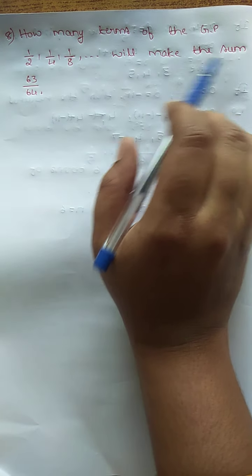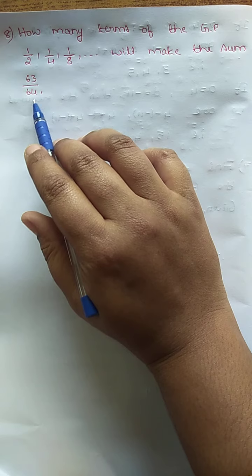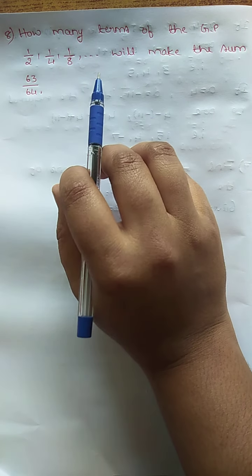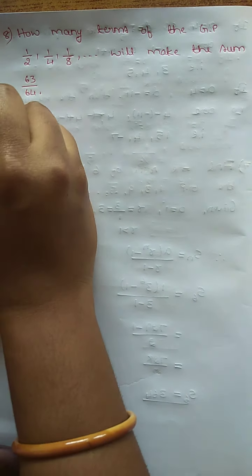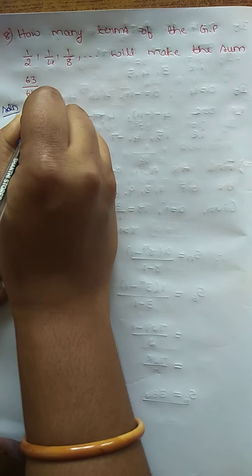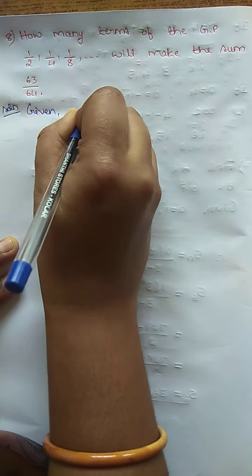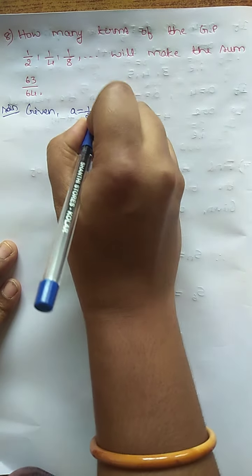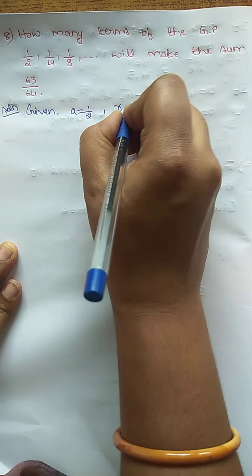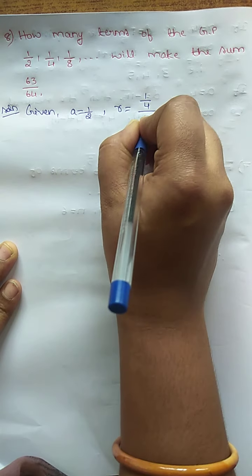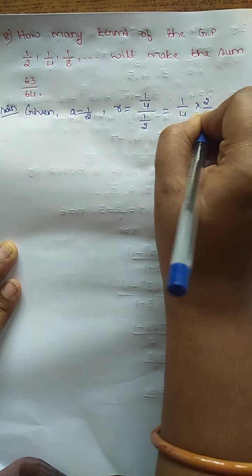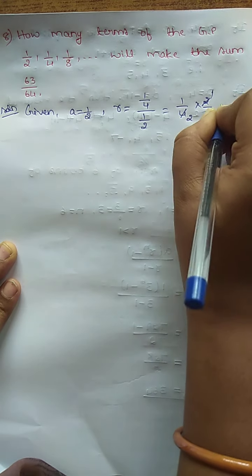Next problem is, how many terms of the GP 1 by 2, 1 by 4, 1 by 8, and so on will make the sum 63 by 64? How many terms means we have to find the value of n. First write down the given data. First term a equals 1 by 2, r means second term by first term, 1 by 4 by 1 by 2, 1 by 4 into 2 by 1, 2 ones are 2, 2 fours are 8.